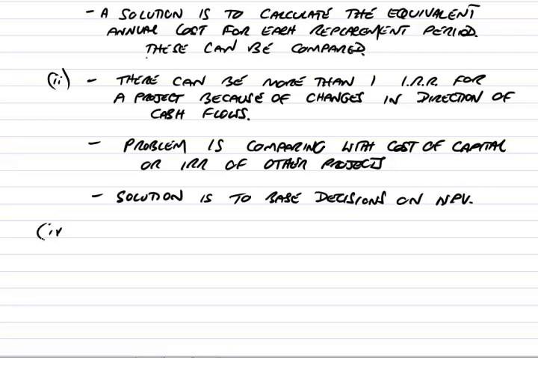Finally, number 3. The business risk is significantly different from the business risk of current operations. Again, this isn't a lecture. The problem is that we require different returns. Or let me put it a different way.